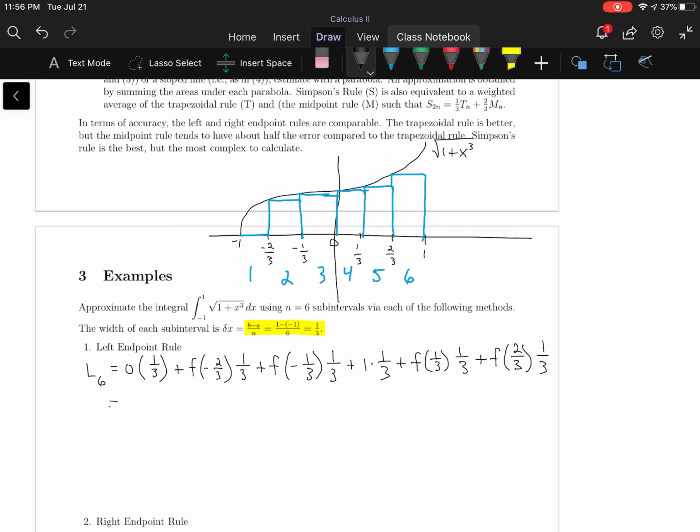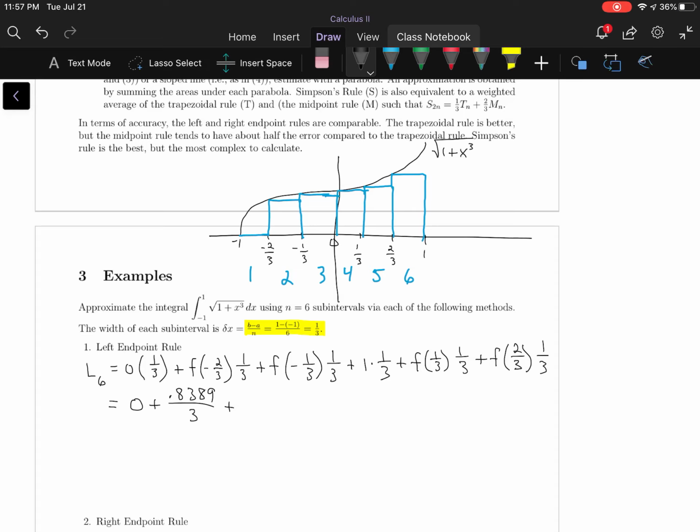As we progress through, we are going to get 0 times 1/3, which is 0, plus when you plug in -2/3 for x in the integrand function, you get 0.8389, so that's 0.8389 over 3, plus f of -1/3.